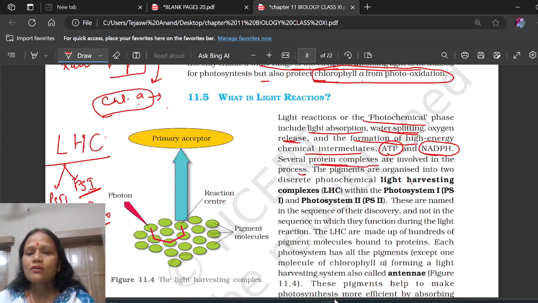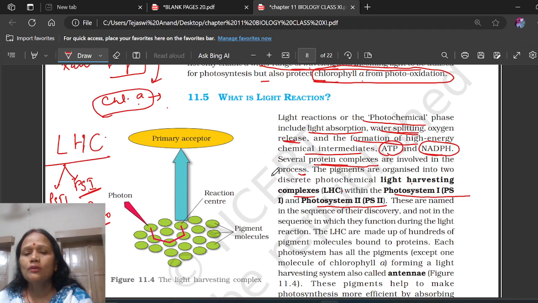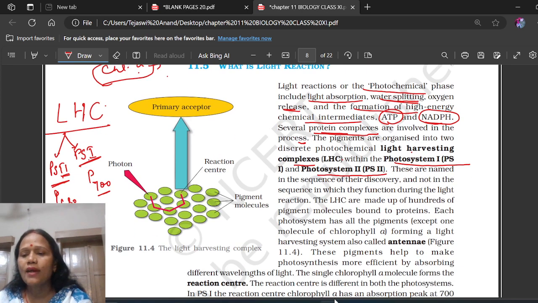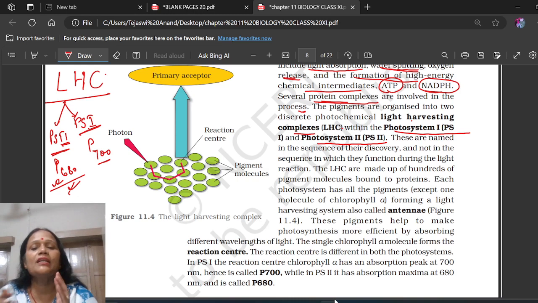So light harvesting complex LHC has two types, PS1 and PS2. You all know these things. You all have to understand these things very well. If you are not knowing, then read the book time and again, and you will find it very easy. I am here to make it very interesting because this topic physiology is such a fascinating branch that when you start reading, you will find it very easy.